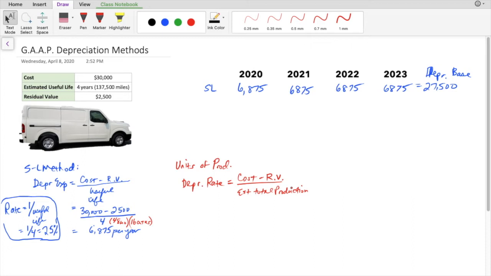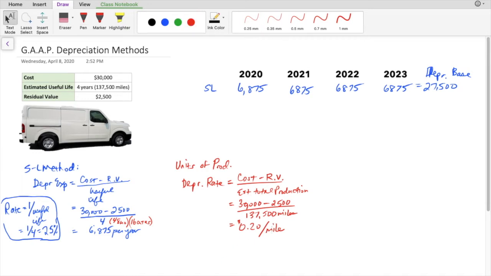That could be a number of units, could be a number of hours, and in our case, we have 30,000 as the cost, the residual is 2,500, and we expect to get 137,500 miles out of this vehicle. And so we get a rate, if we do the math, of 20 cents per mile.